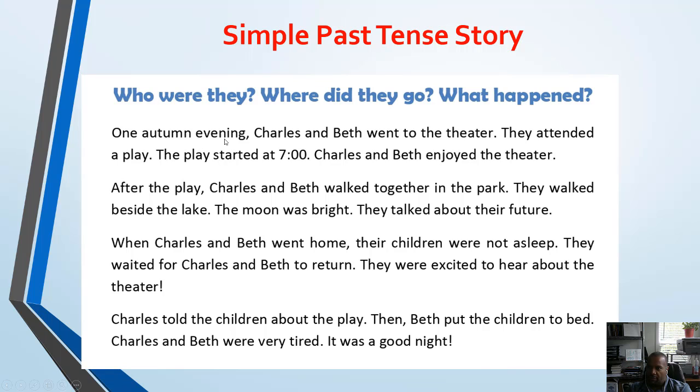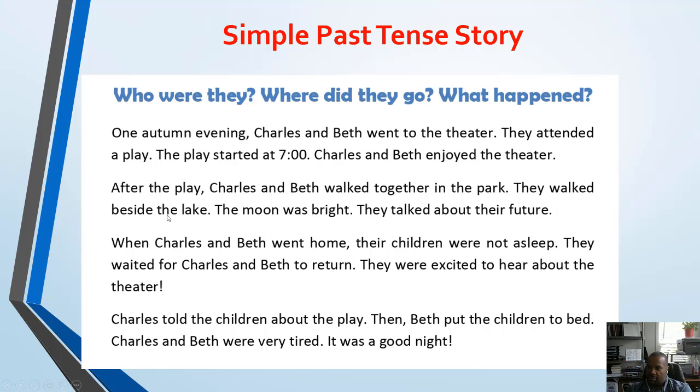One autumn evening, Charles and Beth went to the theater. They attended a play. The play started at 7 o'clock. Charles and Beth enjoyed the theater. After the play, Charles and Beth walked together in the park.